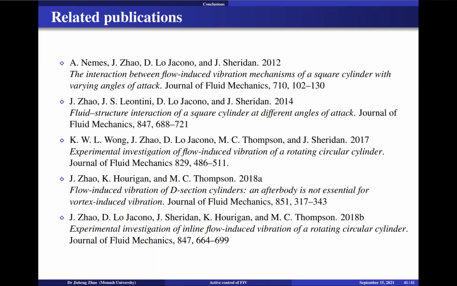Am I correct to say that when we have an ordered flow state, we have a larger amplitude in general? When we have organized or coherent vortices... you mean synchronization? Yeah, I'm interested in flow regime.